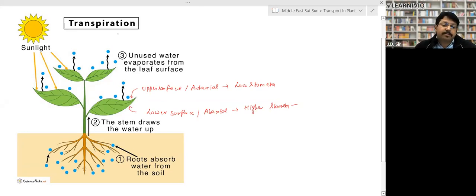So 98 to 99% is lost in transpiration, while 0.2% is utilized in photosynthesis, and the rest, 0.8%, is utilized in plant growth.